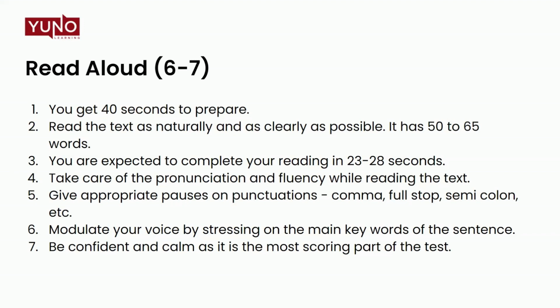You're expected to complete your reading in 23 to 28 seconds. So take care of your pronunciation and fluency and give appropriate pauses wherever you come across punctuation marks like comma, full stop, semicolon, etc. And also divide your text into proper tone units, chunks, so that you can speak more fluently.